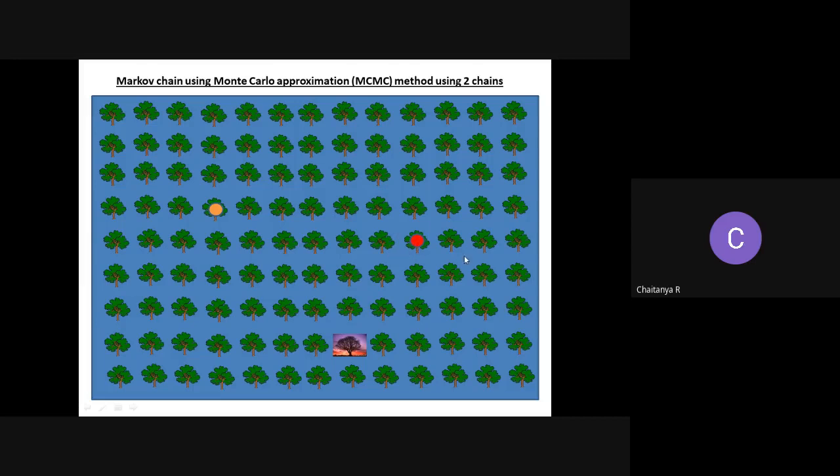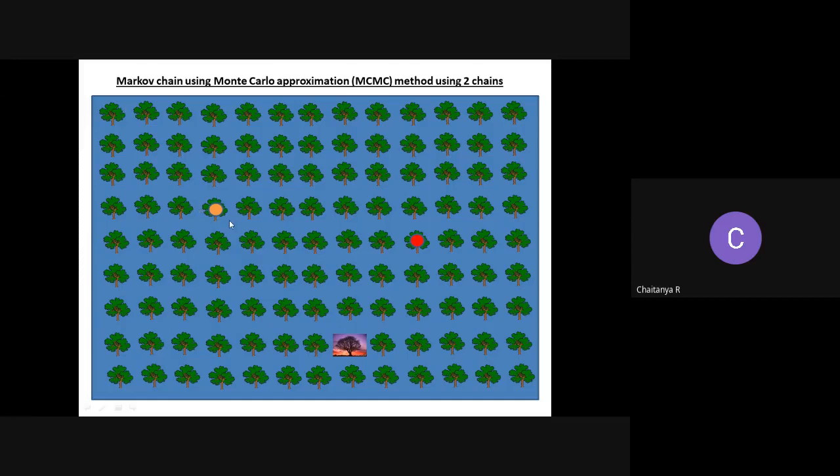Now, both chains, remember, are independent of each other and they will be running independent of each other. All right, so let's take the yellow chain, right? Now, once it's at a certain random tree, it is going to calculate the posterior probability of the tree it is at the moment. Okay, and let's say that posterior probability is about 0.8, for example.